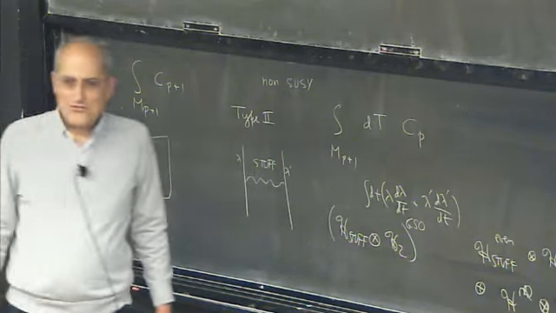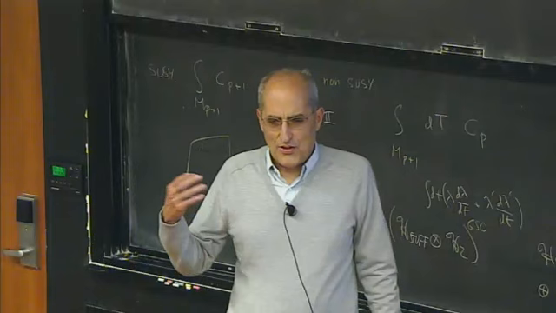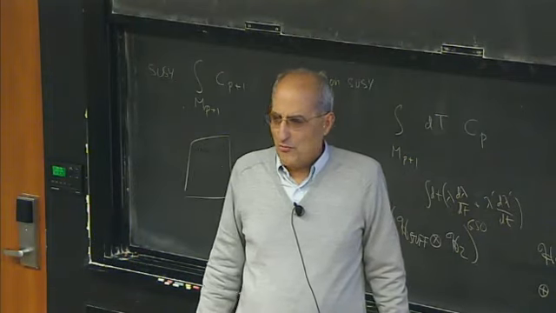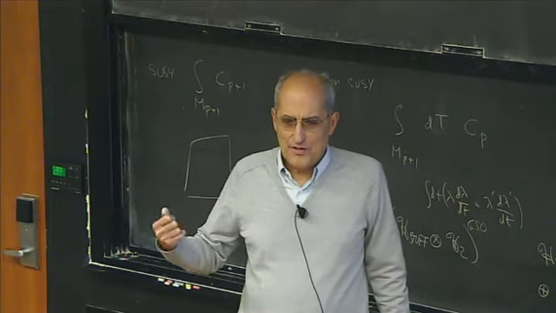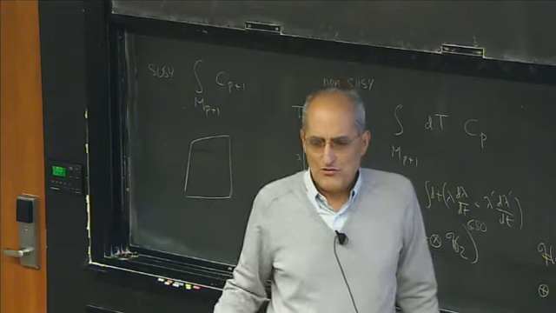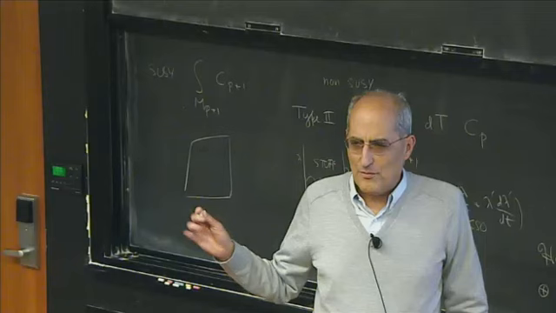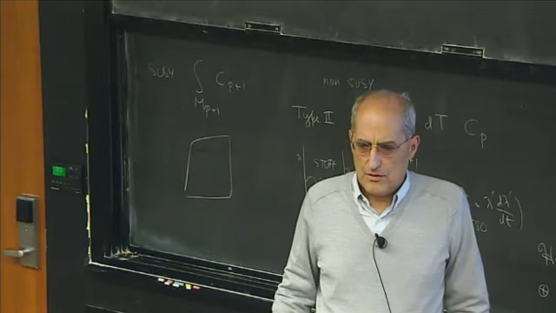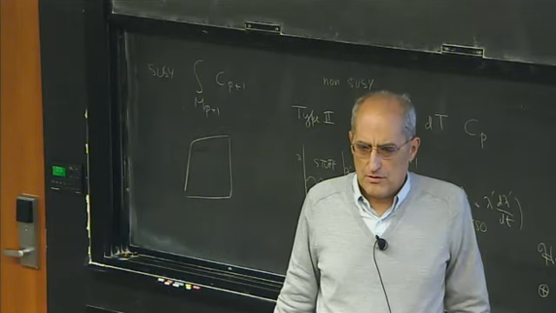I believe that this explains the main peculiar properties of Sen's construction. But whether there's something I haven't thought of that should be explained, I don't know. In type I, there are some details I don't understand. Could you have had a non-supersymmetric brane without some odd fermion like this?